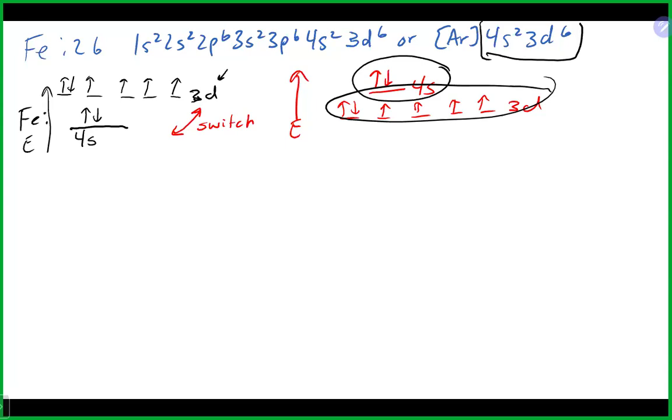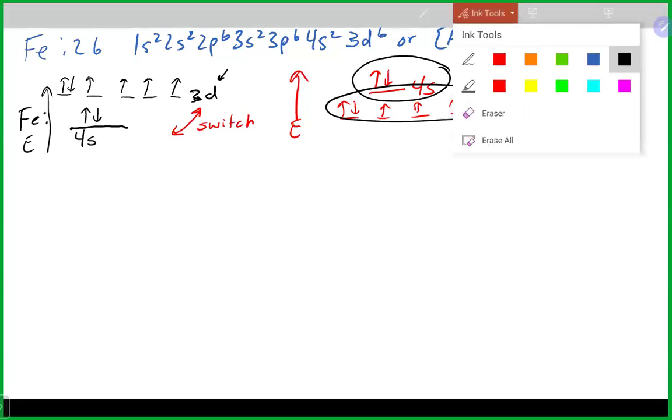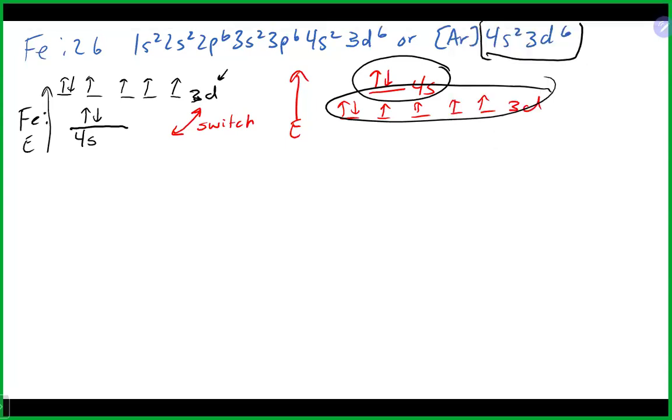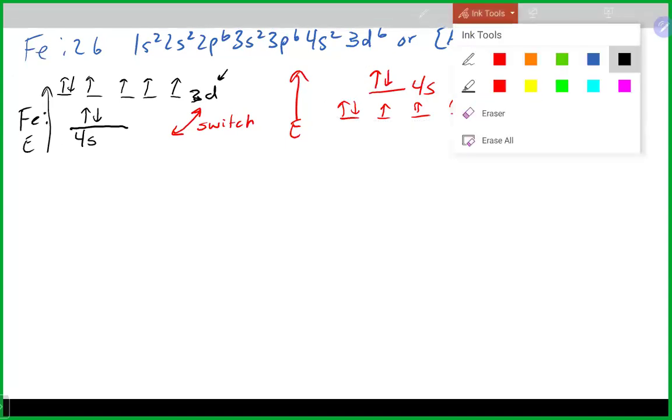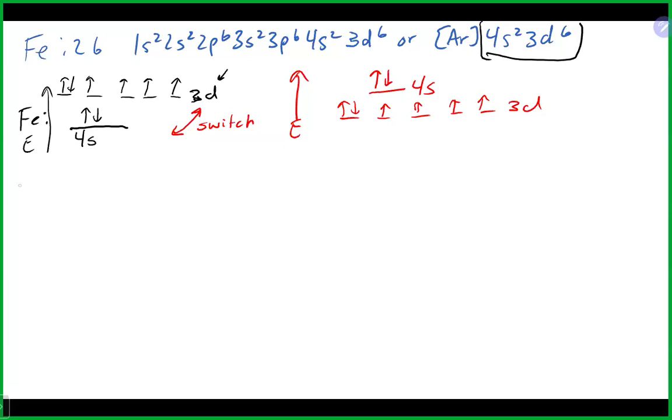So what happens if iron makes a +2 charge? If we had iron with a +2 charge here, that means instead of its 26 electrons, it has lost 2 electrons and now has 24 electrons.